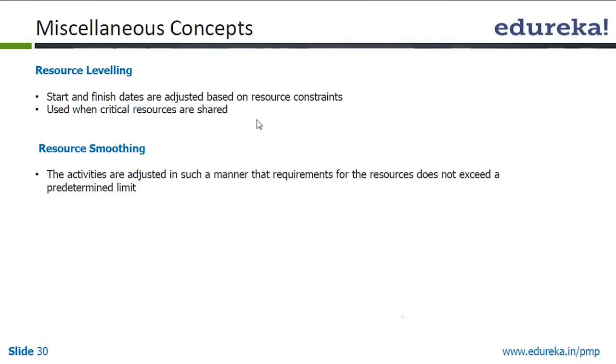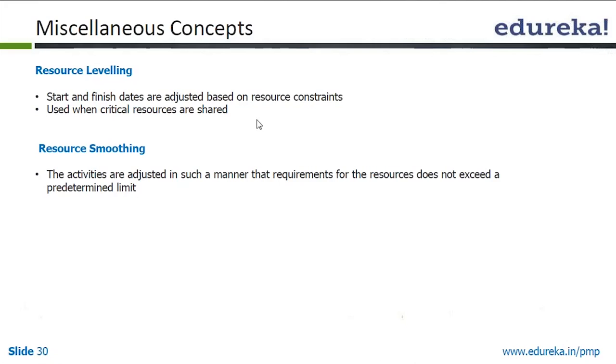Now if that person is shared between multiple projects and as per your current plan, that resource is required between 15th of September to 30th of September, and if the resource is not available during that time in full, what you do is you change the start and end date with the availability of the resource, keeping in mind that it does not affect the overall project completion date.